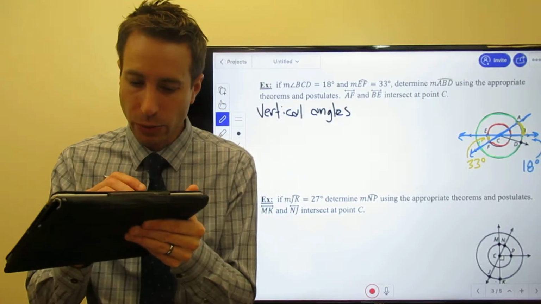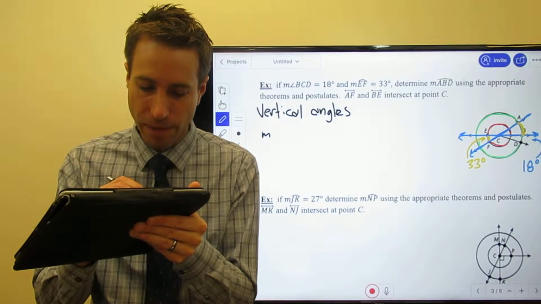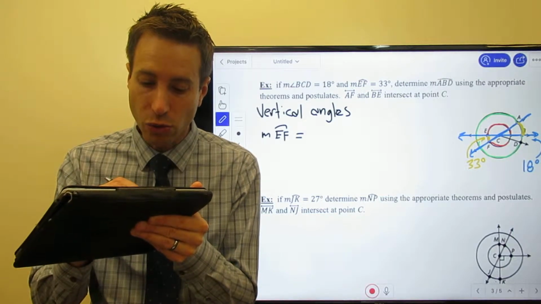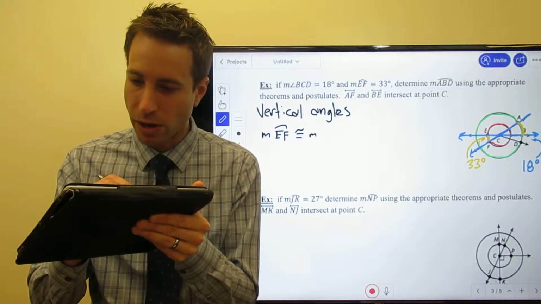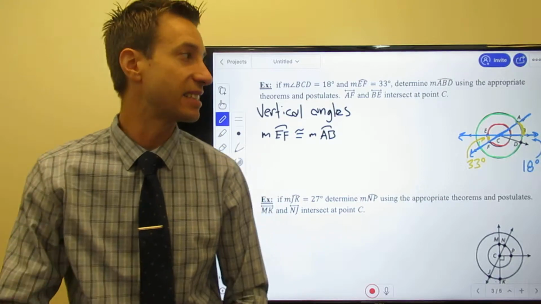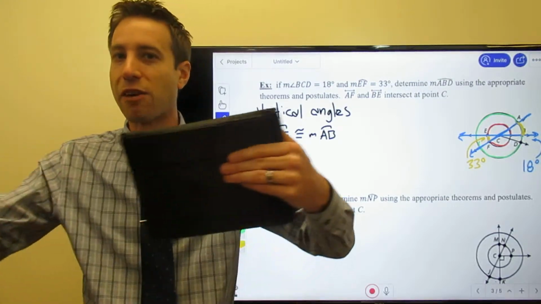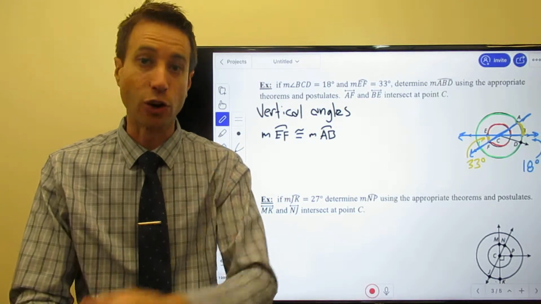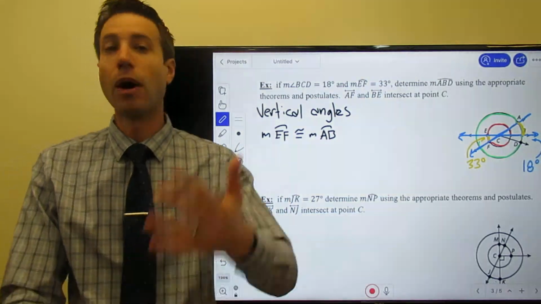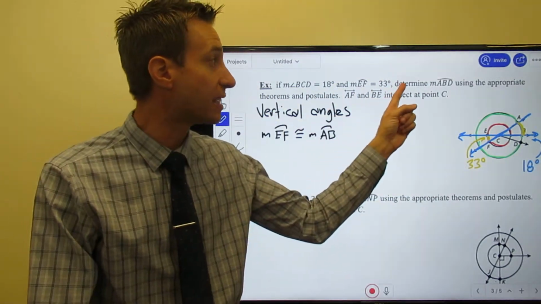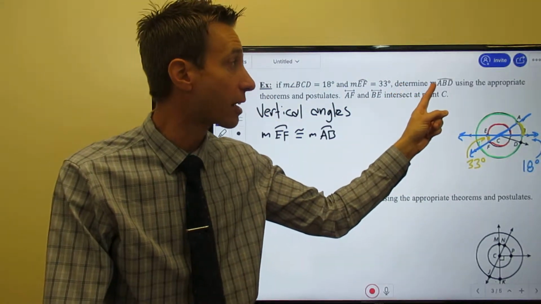Really important: this means that the measure of arc EF is congruent to the measure of arc AB, irrespective of the size of the circle. If they are vertical arcs, then they're going to have the same measure. Well, that's all we needed, right? I'm asking you to determine the measure of arc ABD.